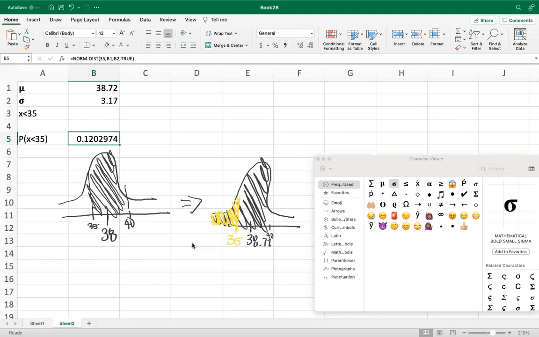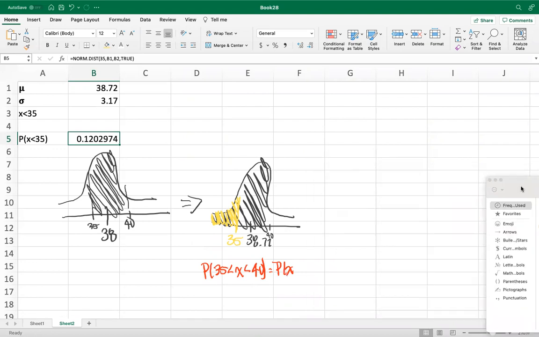So again, first we're going to find the probability of X being less than 40. The probability of 35 less than X less than 40 is going to be equal to the probability of X being less than 40, minus the probability of X being less than 35.